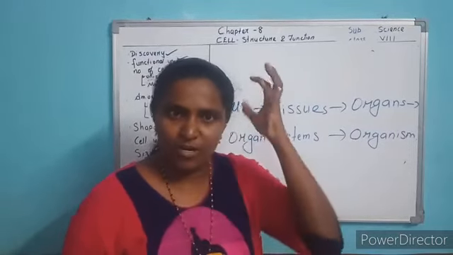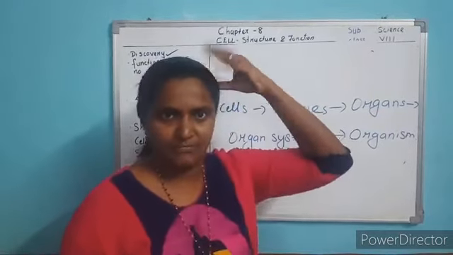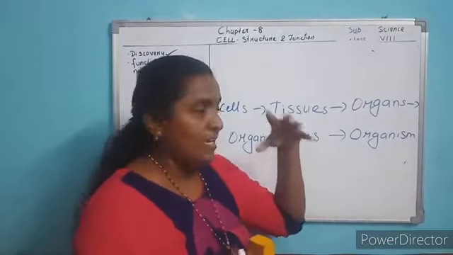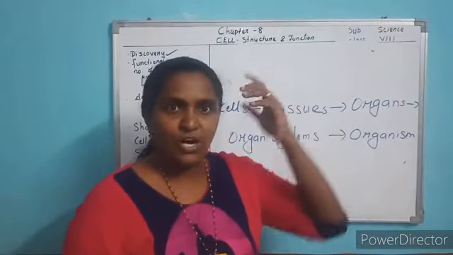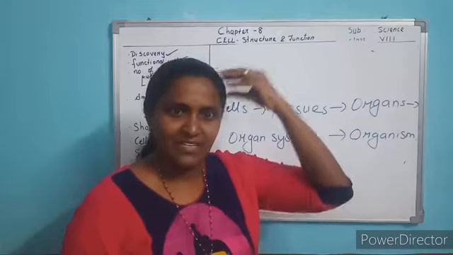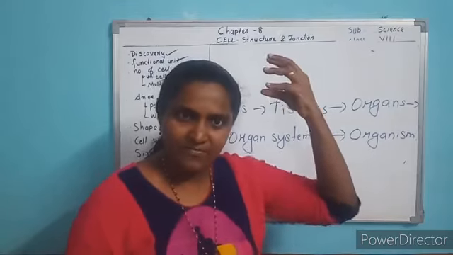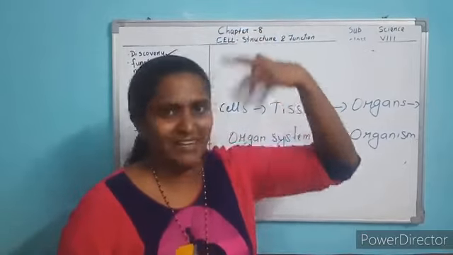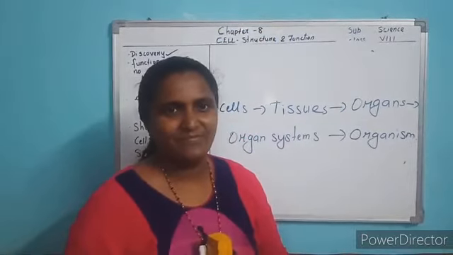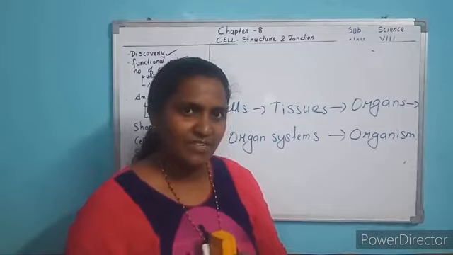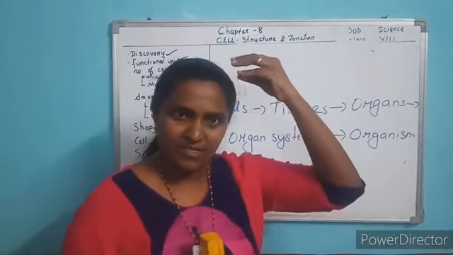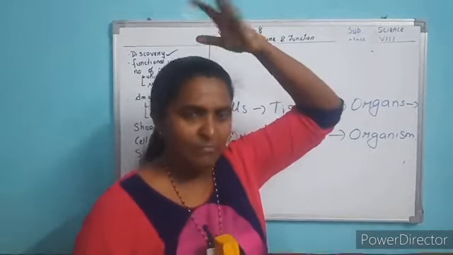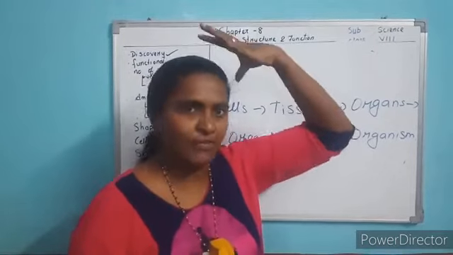For example, medulla oblongata is a tissue. Imagine, these different tissues, medulla oblongata, cerebellum, cerebrum, join to form the brain, an organ. Are you getting it?